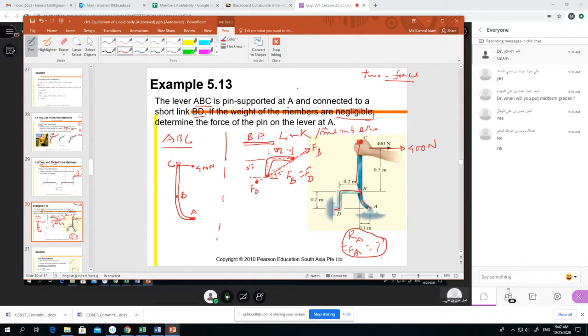Why opposite? Because of equilibrium. In the free body diagram we learned that if it is the upward direction, then for balancing, for equilibrium, D will be in the opposite direction. Okay. We don't know the value.